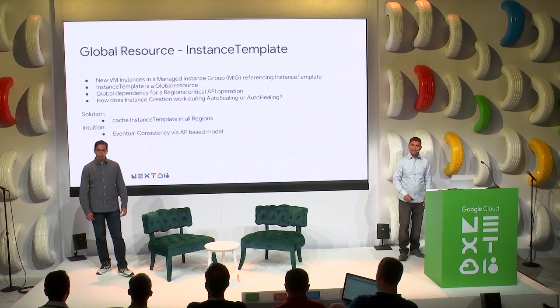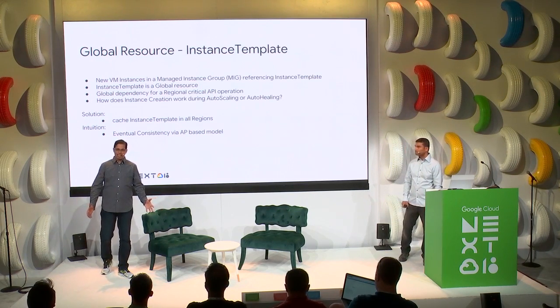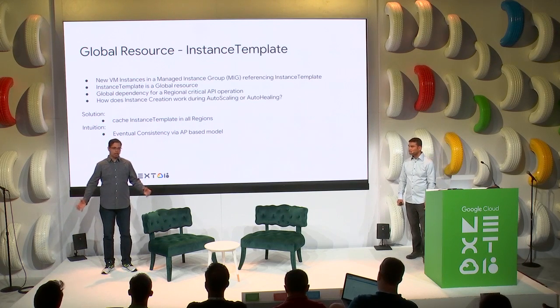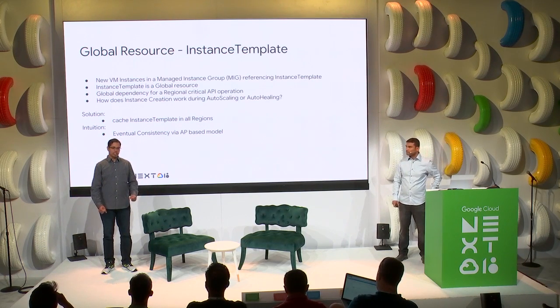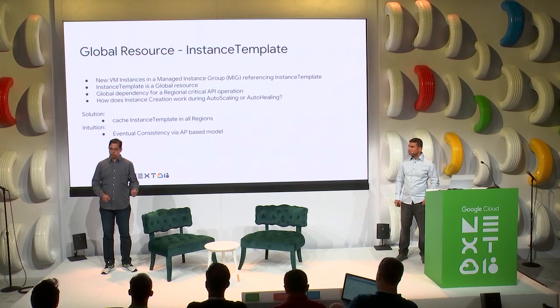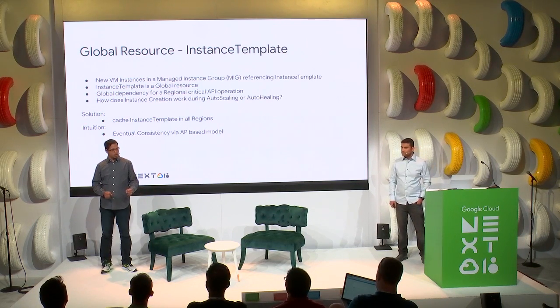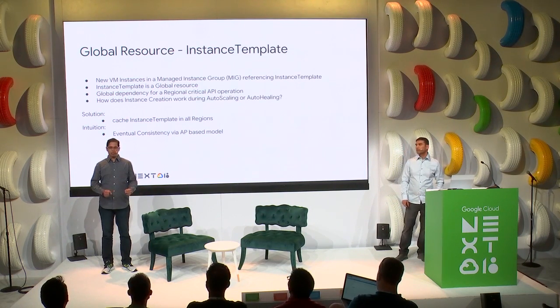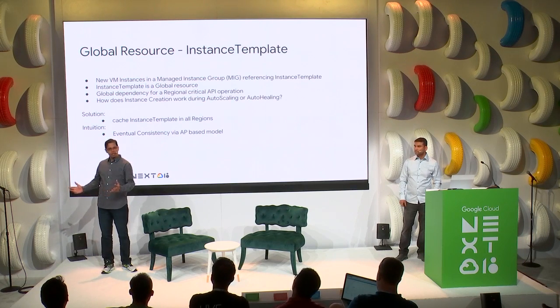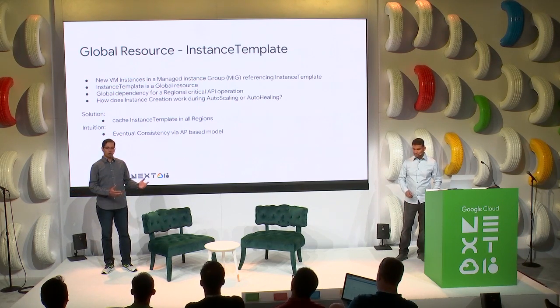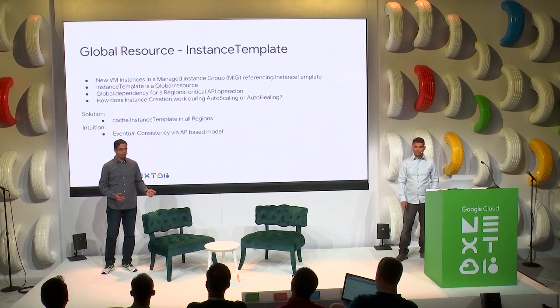So the availability of instance template is high because we cache it. And what that means is if a single global scope or single global stack has a problem, the instance templates which are cached within the regions and zones are available for auto-scaling and auto-healing to work.